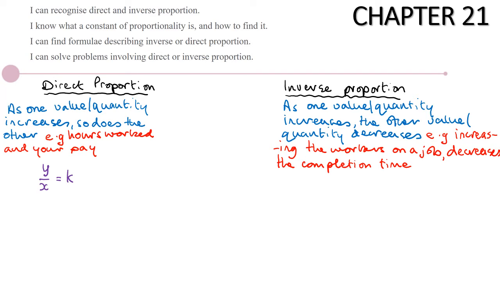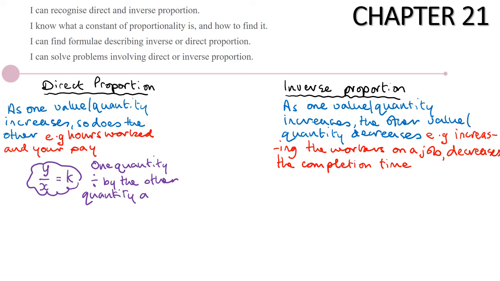So one quantity divided by the other quantity, this bit is important, always gives the same answer in a particular problem. And that answer we're going to call k, and we're going to work out k.